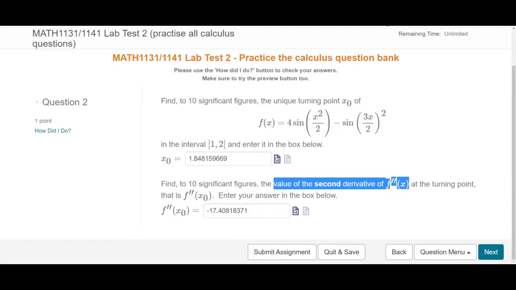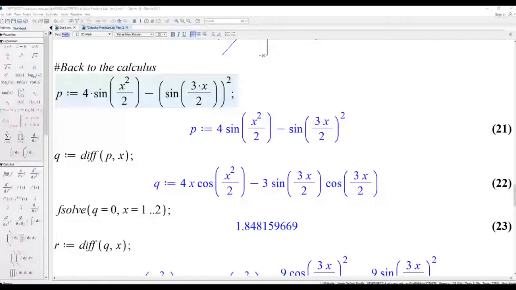Okay, so let's go back to my Maple window and we can do it again. So here it is. So I'm just basically repeating the steps that I did before. So I'm defining a function p here, and I'm differentiating it, and then I'm solving it.